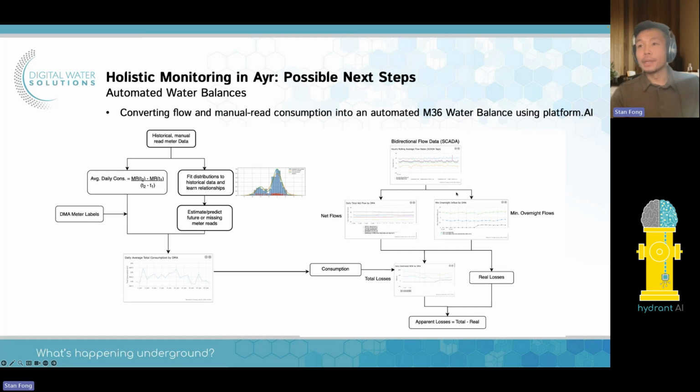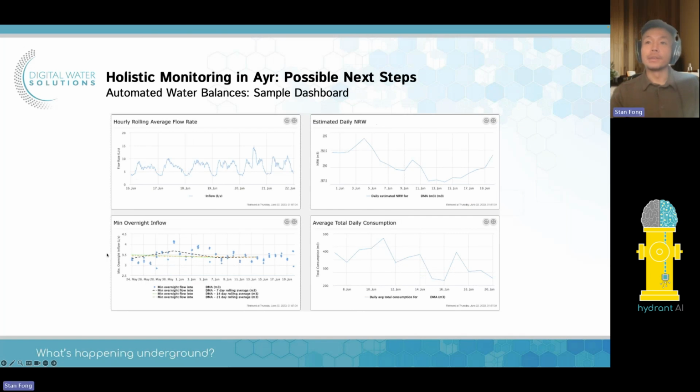We can pull in that SCADA data. We can estimate the minimum overnight inflow, which is used to calculate real losses. And all this together lets you then find what is the total amount of water that I'm losing every day. So now you can have a daily estimate, a sample dashboard of that, right? So you've got your hourly rolling average flow rate, your minimum overnight inflows, your estimated daily NRW, and your average total daily consumption.